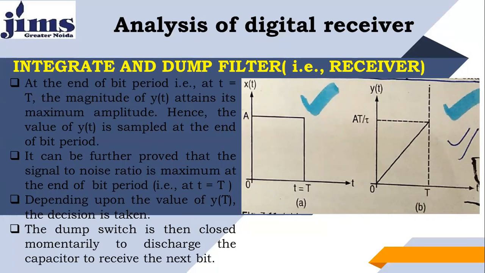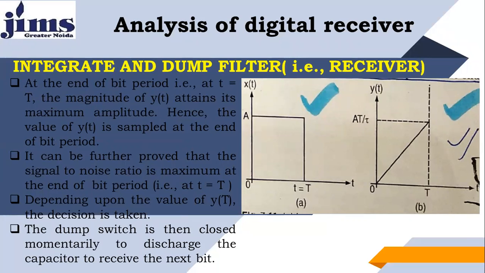After the declaration, then what happens? Then again you want the capacitor to be empty, because the next pulse knocks on the receiver's door, waiting for its sampling, right? So you want the capacitor to discharge and become empty before the next pulse reaches the receiver.